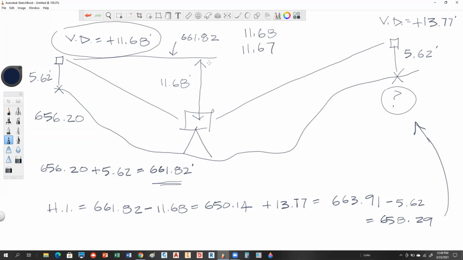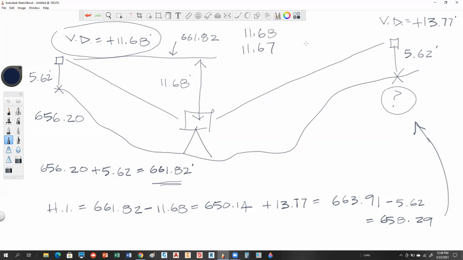To check our measurements. Well, it's not so much a check. I mean, it is, but it's more of a redundancy, in the fact that, remember, we talked about that concept of scope eccentricity. You're not going to necessarily get the exact number by just shooting it once. It's just like we shoot your distances more than once from different locations. You kind of do the same thing with vertical.